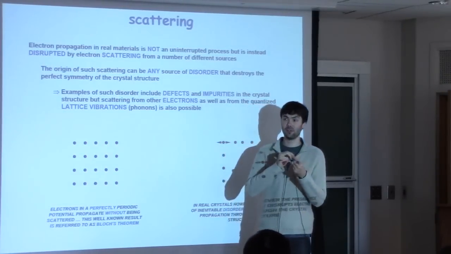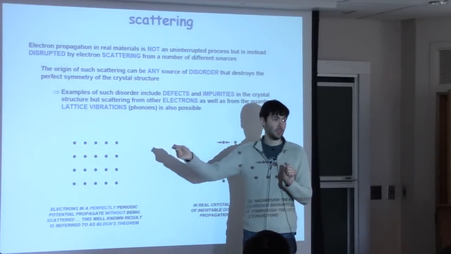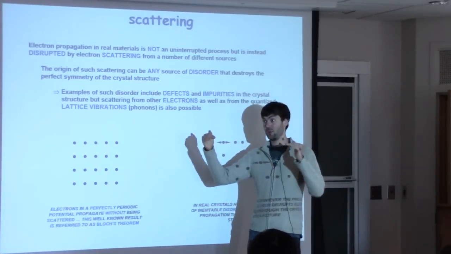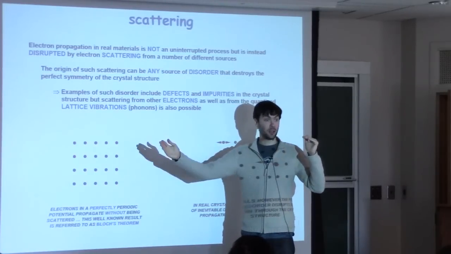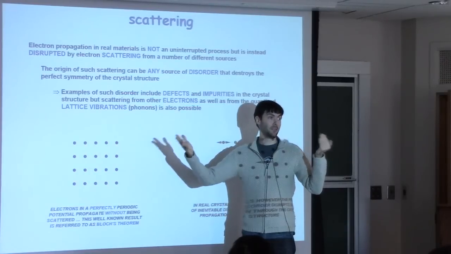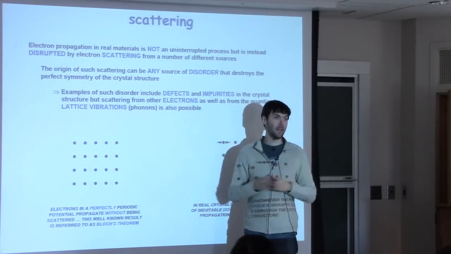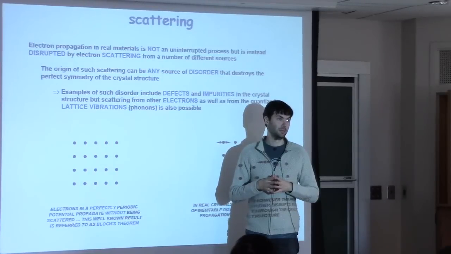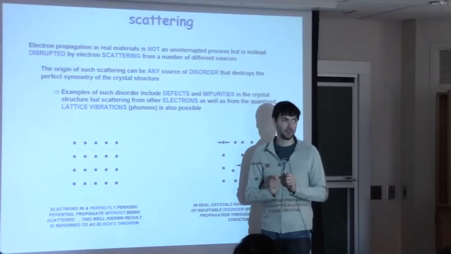So the electron's real momentum will be oscillating back and forth in the Brillouin zone. And actually, if you apply voltage to a perfect crystal, instead of a DC current flowing, like in a resistor, you would get an AC current, and you might even get radiation coming out, because electrons will be oscillating back and forth, and that's called Bloch oscillations.